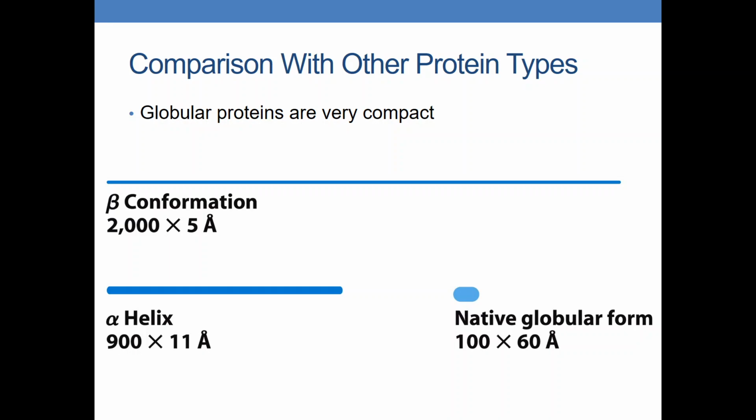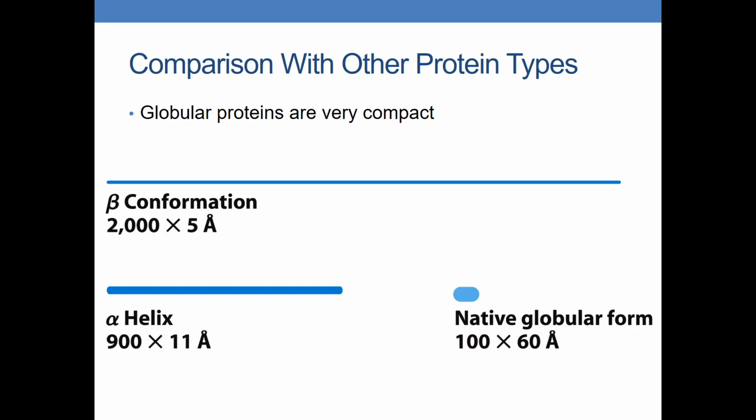If you look at proteins involved in spider silk, they're all in the beta conformation, and because of that, they're very extended. Remember, the beta secondary structure is a very extended conformation. In fact, the anti-parallel beta strand is stretched nearly as long as a polypeptide can be stretched.